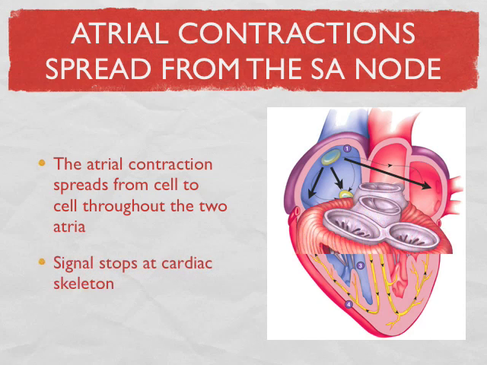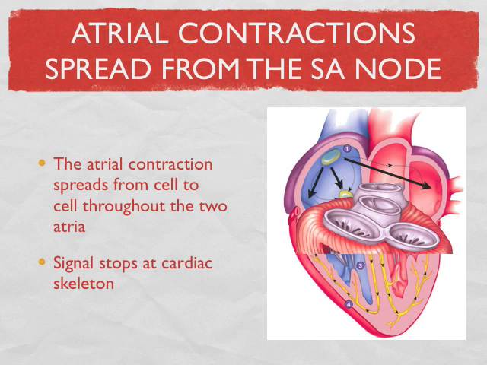Now, that contracting signal passing through the atria stops when it gets to the bottom of the atria. I need you to think back to our lecture where we talked about the heart. Remember, we described the 4 valves and their connective tissues as being the skeleton of the heart, and that skeleton was also an insulator or isolator of the 2 parts of muscle.